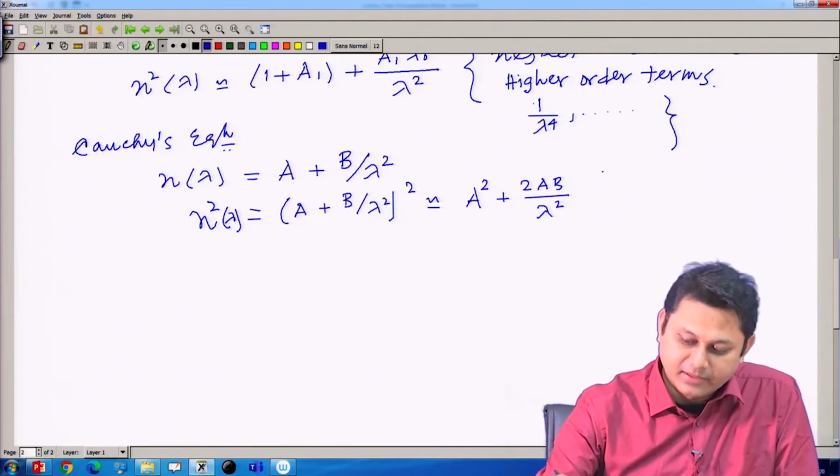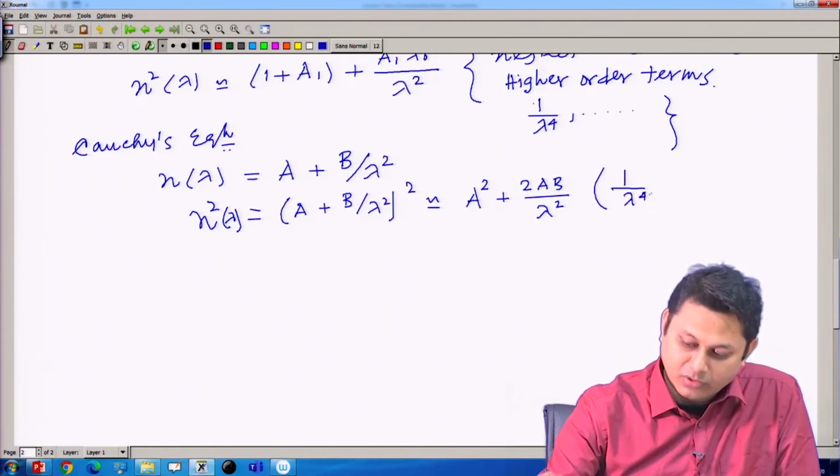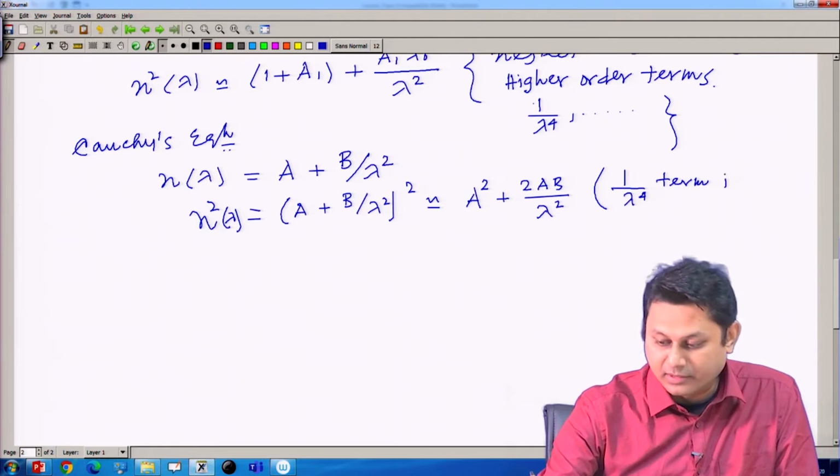Again I neglect the 1 by lambda to the power 4 term.